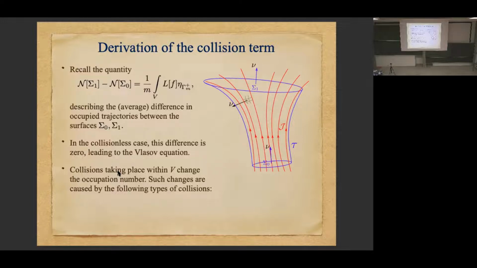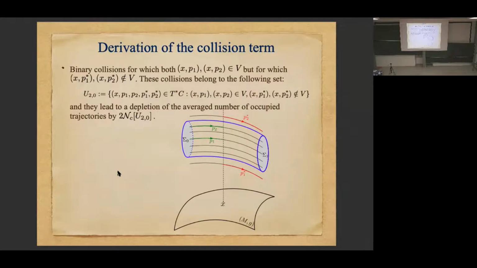But now we want to take into account collisions. So what happens when you have collisions? Then the number of occupied trajectories may change. And how does it change? Well, there are different scenarios. So here again is this blue region, now with a slightly different orientation. Sigma 0 is here, sigma 1 is here. Now, different things might happen. You could have initially two trajectories that are occupied here, but at the point X they will collide.